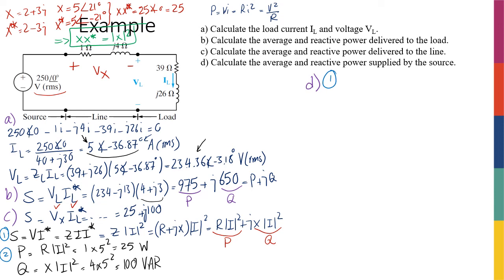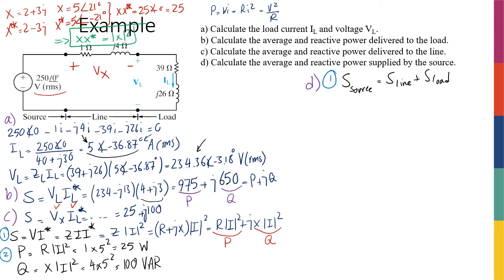So S of the source is equal to S of the line plus S of the load. Of course, this is the power delivered by the source, and these two are the power consumed by the line and load, right? So they should be equal in magnitude, but the sign is different. If you want to express the power consumed, the power consumed by the source would be negative, but since I'm talking about the power provided by the source, you should consume an equal amount of power by the line and load.